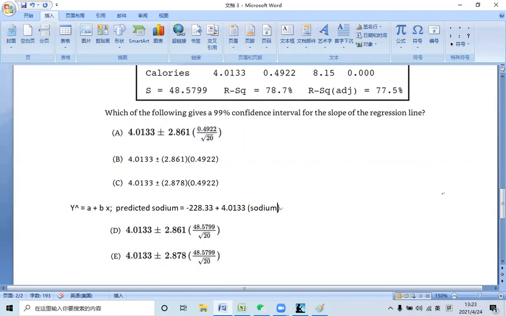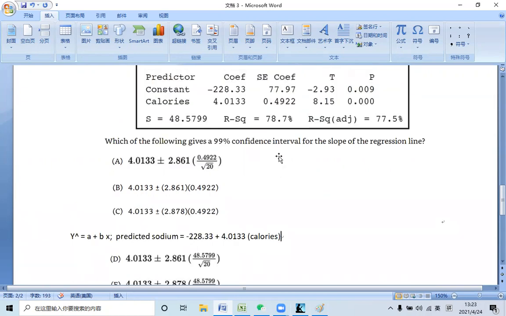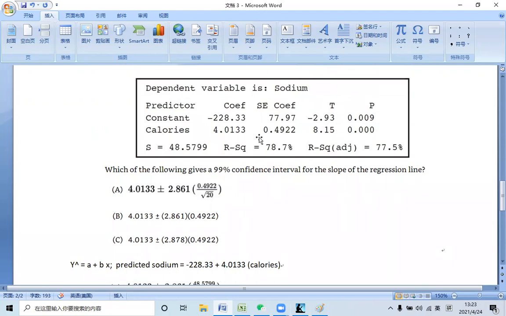Oh no, sorry, that is times the calories. Yeah, calories is the predictor variable. And you want the 99% interval.